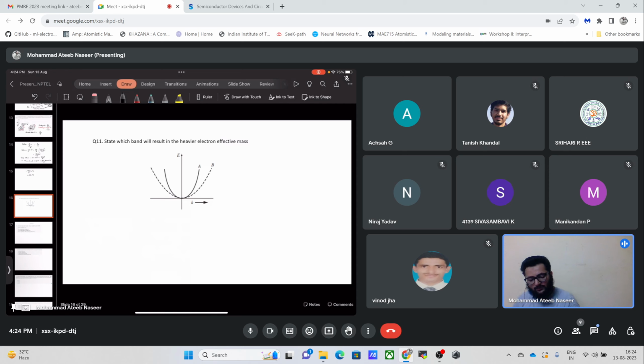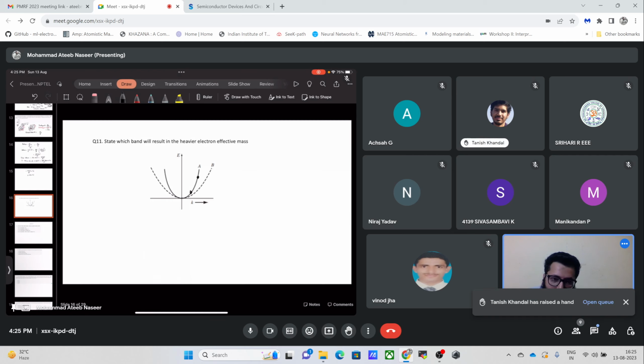For example, if I am over here and if I am over here, these two points will have different effective mass if I try to fit them by some parabola. Okay, Tanish, you can also join in.